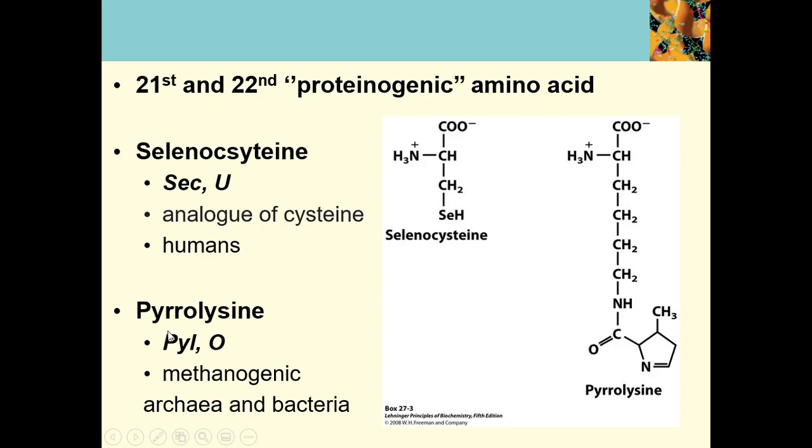On the other hand, we have pyrrolysine, abbreviated as PYL, with the one letter symbol O. This can be found in methanogenic archaea and bacteria, which are microorganisms that give off methane as a byproduct of their metabolism.